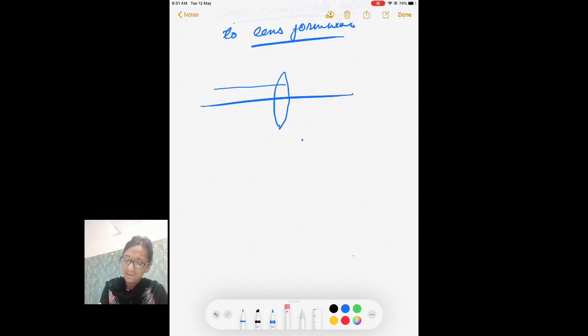Convex lens. And every time you will be taking its focus positive. Its focal length is equal to a positive number, any positive number.